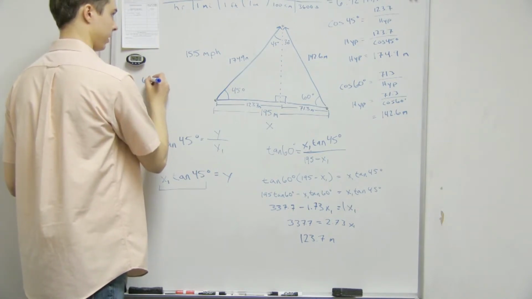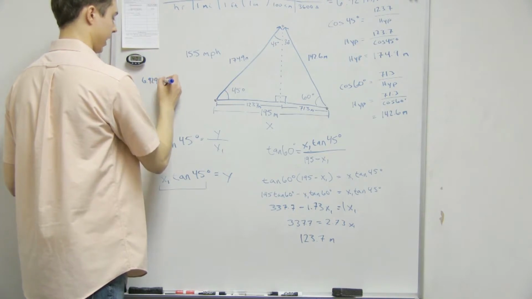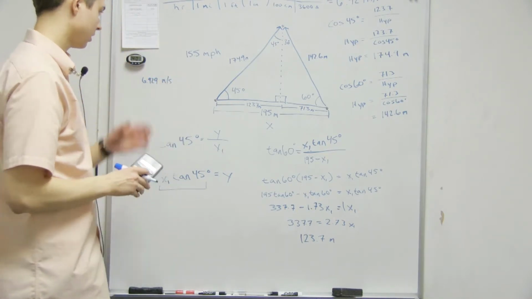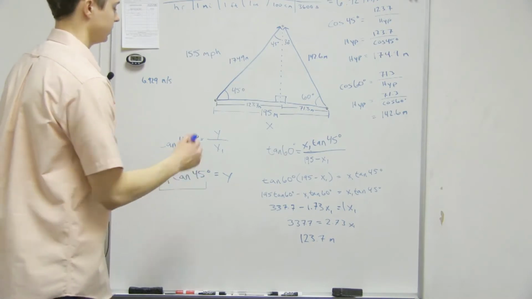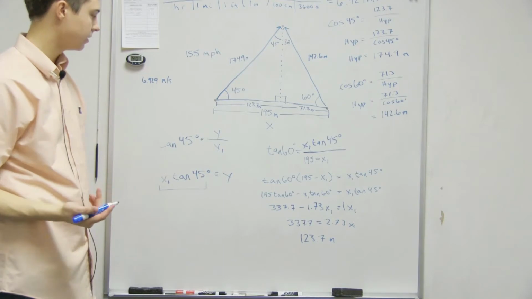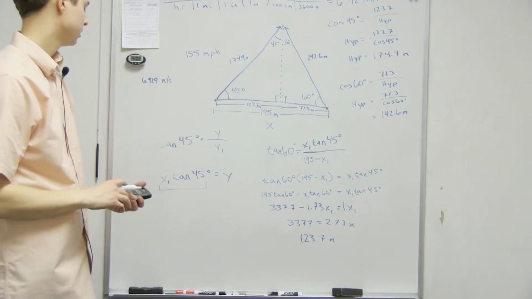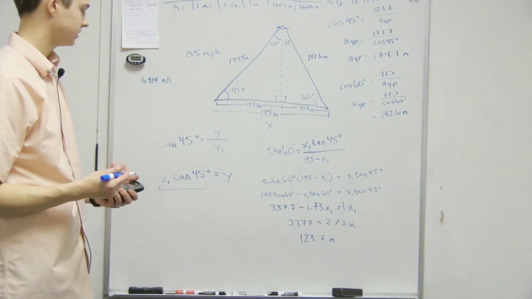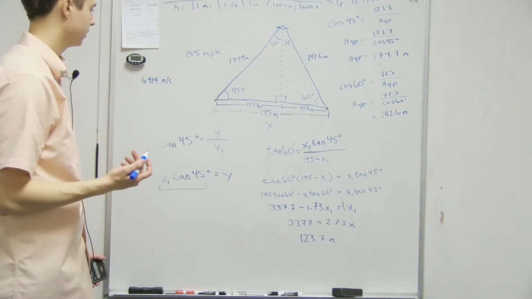So 6.929 meters per second. And we know that we went 174.9 meters, and we want to figure out how many seconds that took.